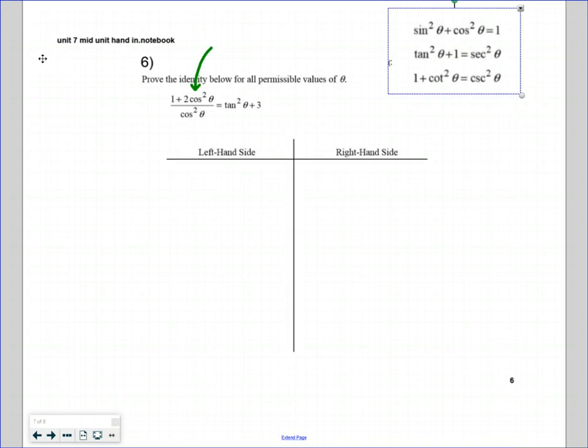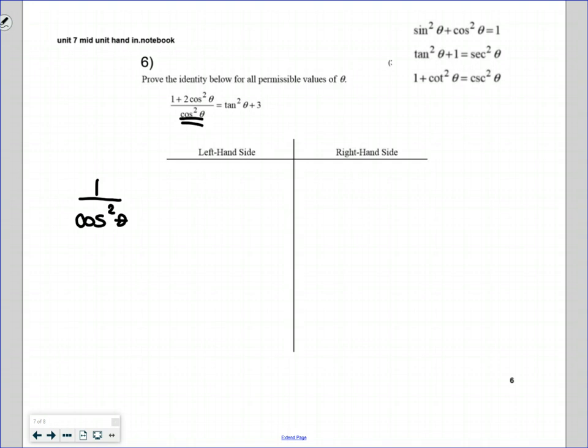I'm definitely going to work with the left-hand side, and on the left-hand side, I've got cos squared. Well, cos squared is a good thing because it's going to simplify quite easily because I got cos squared on top and cos squared on the bottom. I'm thinking that the question's telling me to divide by cos squared, so why not do exactly what the question's telling you to do?